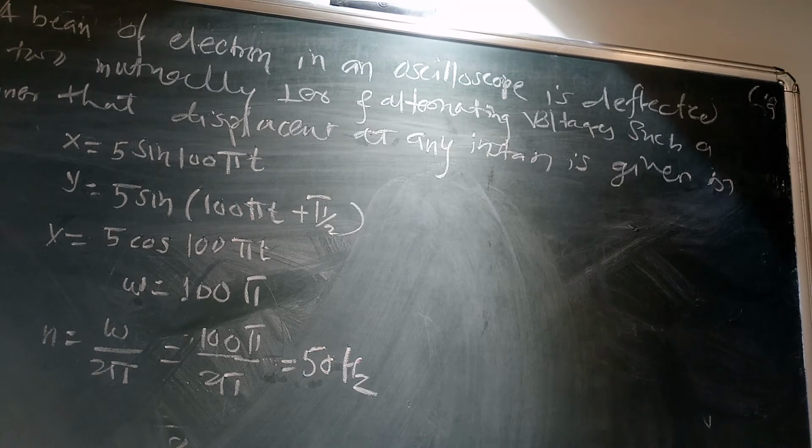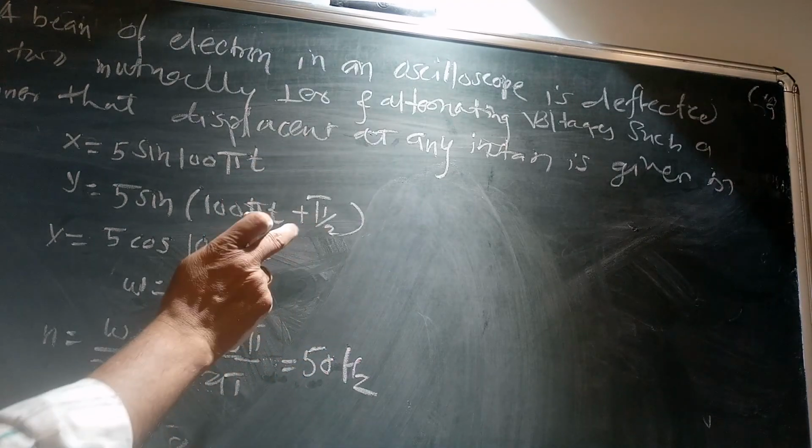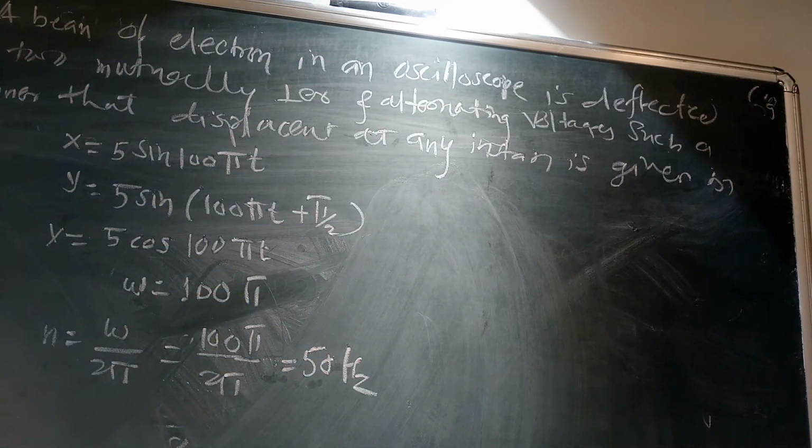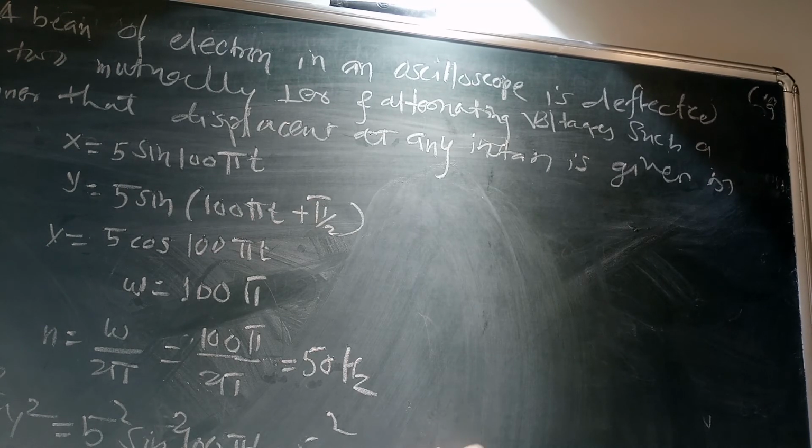This is the frequency. Now squaring and adding these two equations, we have x square plus y square equal to 5 square into sine square 100 pi t plus 5 square cos square 100 pi t.